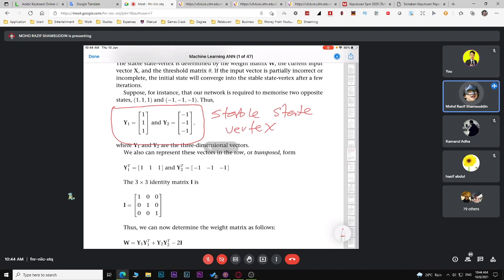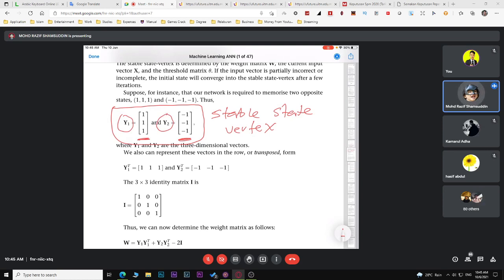Right? So these stable states are the state of an input that the Hopfield network needs to memorize. Hopfield network ni dia kena ingat stable state ni, because later the network will try to converge to a stable state. Dia nak hasilkan output yang sama ada stable state Y1 ataupun stable state Y2.